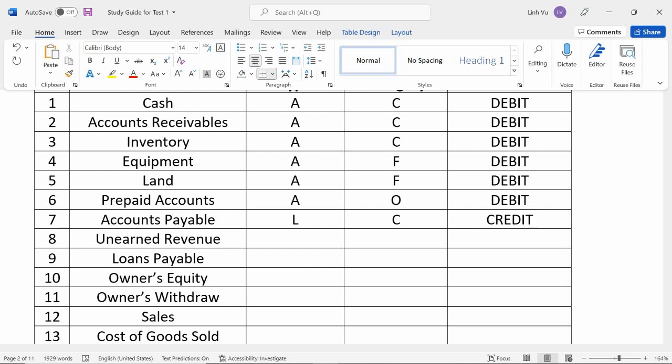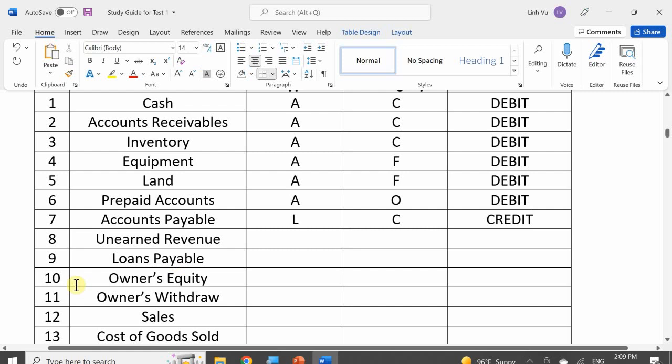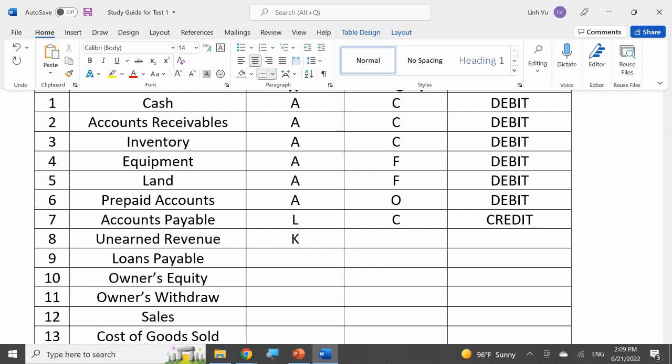What about unearned revenue? It's where customers pay you in advance for services that have not been completed. I thought it was income. Okay, it is not income because you haven't done the job yet. It's a liability because you owe something to someone for that money. Correct.